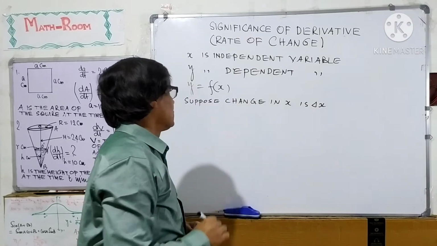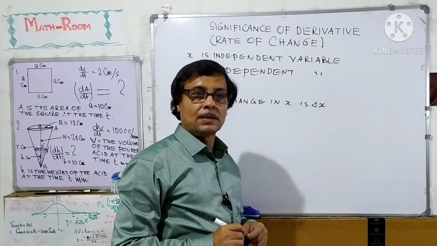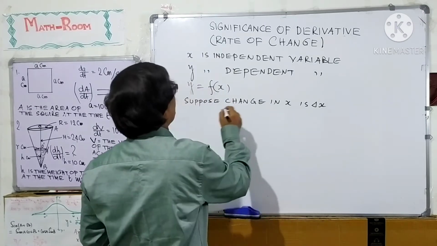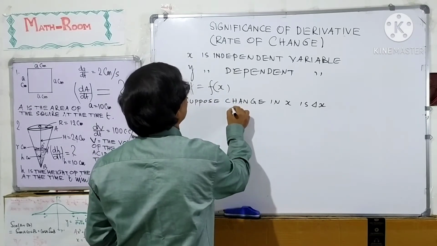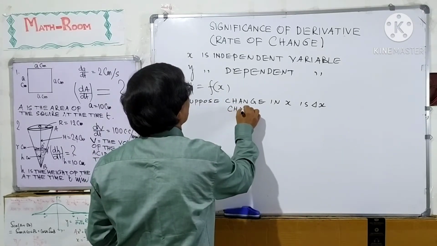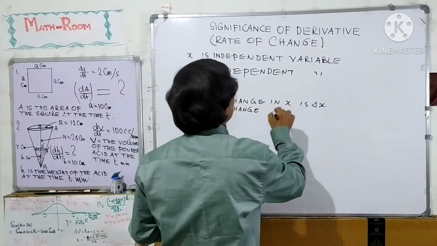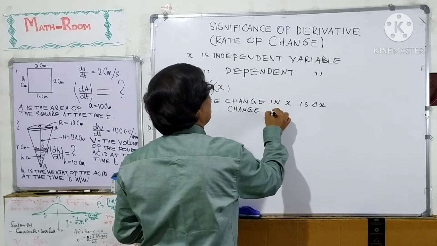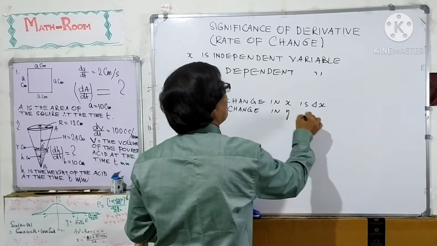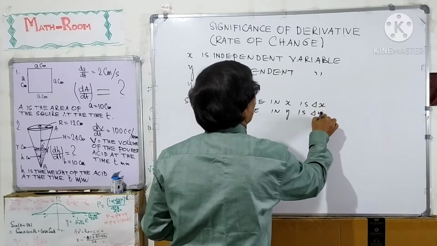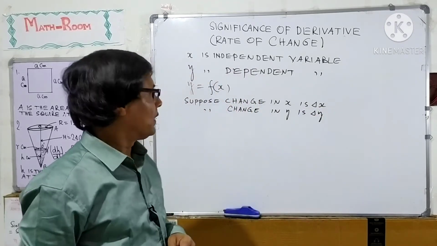We can choose the change in x as del x. Obviously y changes, so we can suppose the change in y is del y.